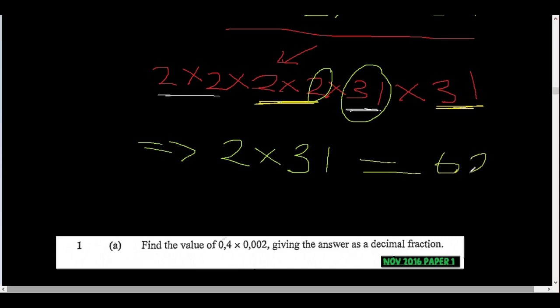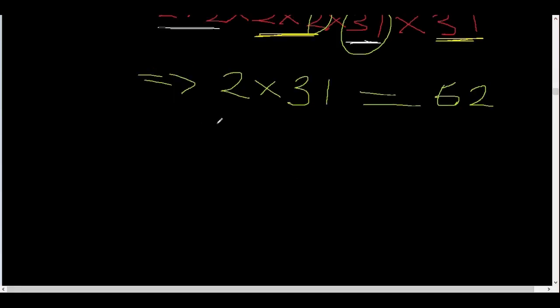So I was saying, if a number is supposed to be a perfect square, the number of prime factors must be even. In this case I've highlighted 2 times 2 times 31 in white and 2 times 2 times 31 in yellow. Those numbers highlighted as white and yellow indicate that the factors make up a perfect square, right?